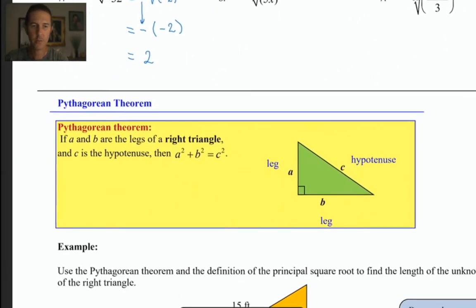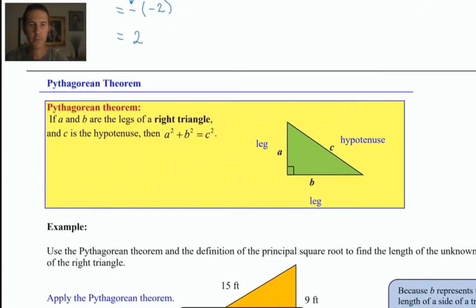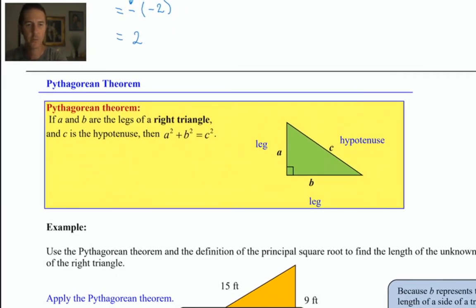And then we transition into something special, something that you're familiar with, the Pythagorean Theorem. The Pythagorean Theorem is a formula that describes a relationship between the side lengths of not just any triangle, only right triangles.